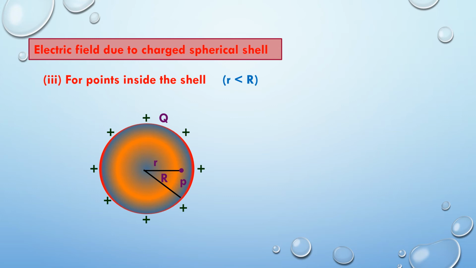This becomes small r. And this shaded part of radius r represents the Gaussian surface, which is inside the shell.